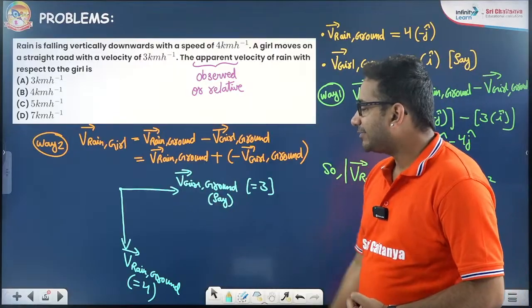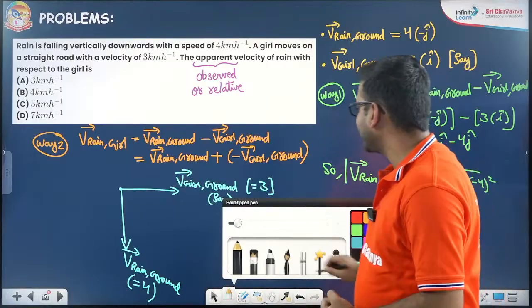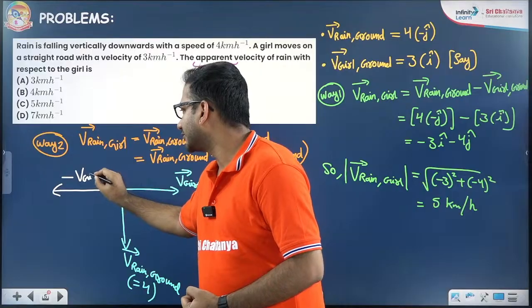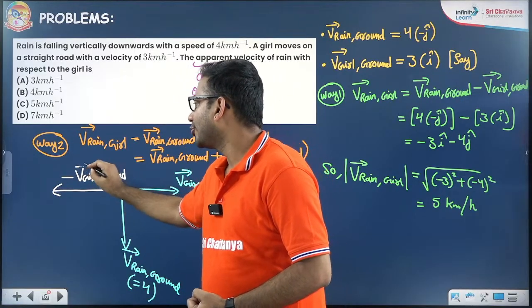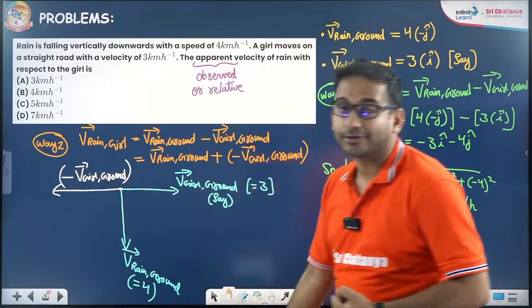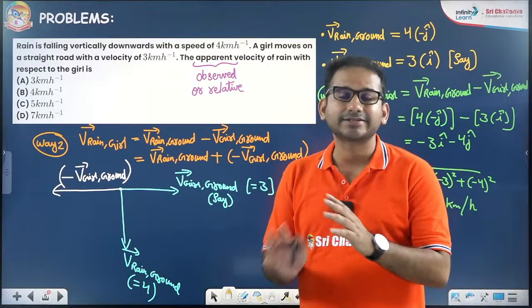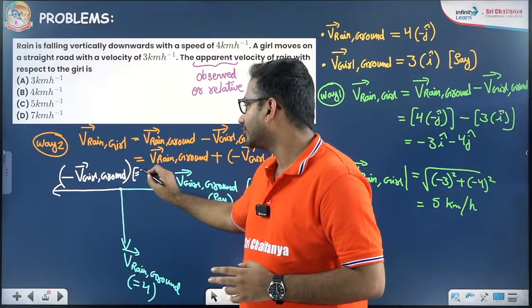What we have represented here is velocity of girl with respect to ground. No issues, now I'll represent its minus. Putting a minus sign in front of a vector only reverts its direction. It doesn't change the magnitude, and hence its magnitude is again going to be equal to 3.